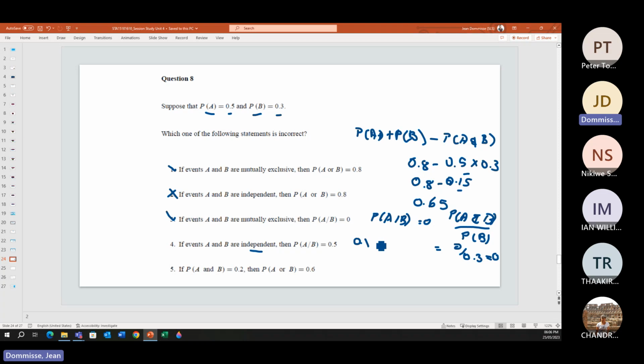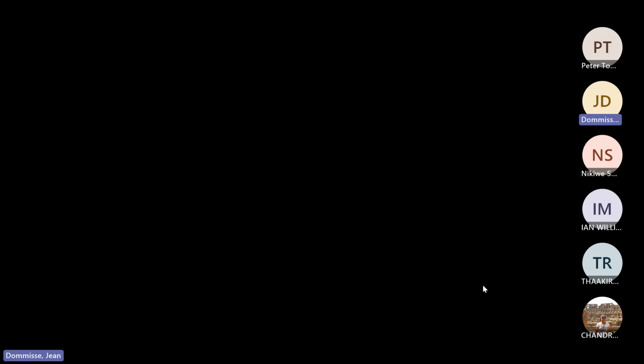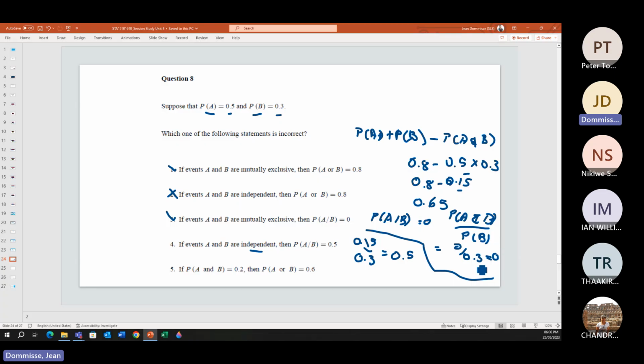When it's independent, we still divide by the probability of B, which is 0,3, and then 0,15 divided by 0,3 will give us 0.5. Okay, so again, we can nearly see the difference: when it was mutually exclusive, it's 0. When it's independent, it is 0,5.